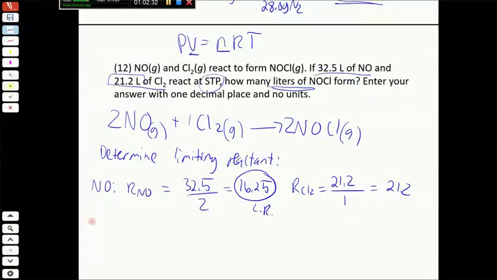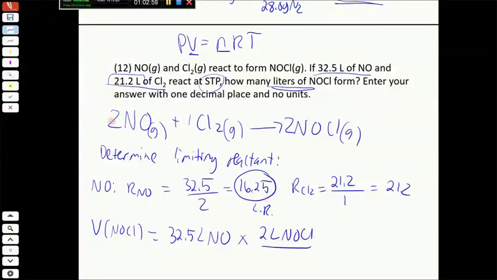And so what that means then is the volume of NOCl that forms, in liters. We start with our limiting reactant, so we had 32.5 liters of our limiting reactant NO. And because liters and moles are proportional for ideal gases, we know that the mole ratios tell us the ratio of the volumes as well. So we have a coefficient of 2 in front of NOCl, which means that 2 liters of NOCl form for every 2 liters of NO that react.